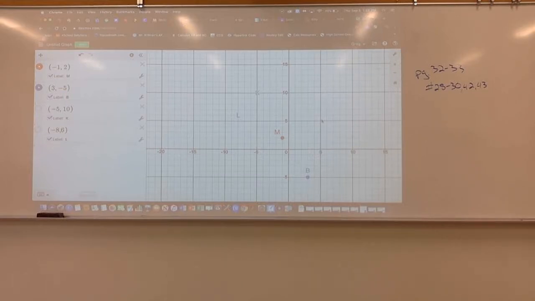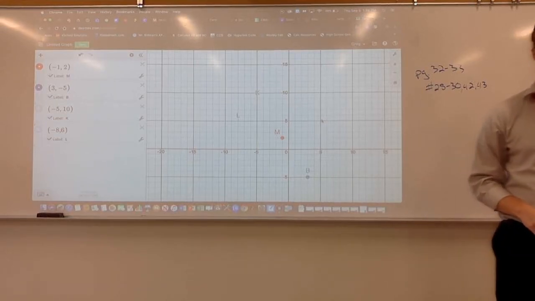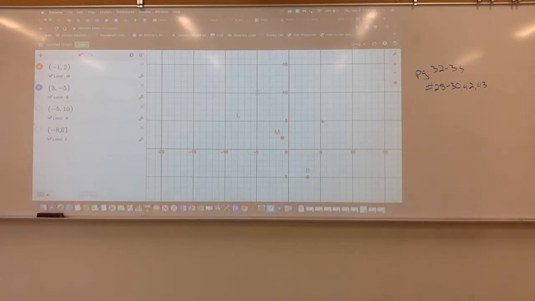Just type parentheses -1, comma 2, parentheses, and it'll come up with a point on there. How'd you do the little labels?